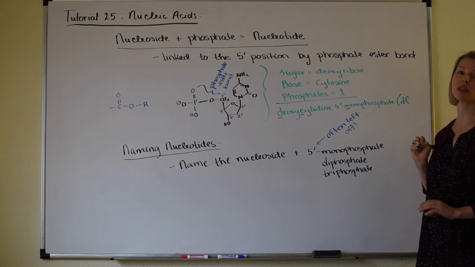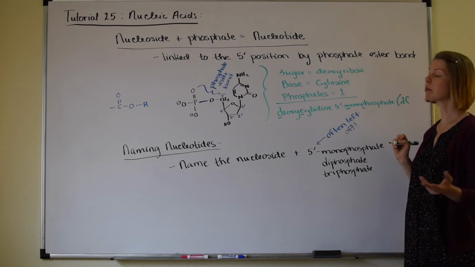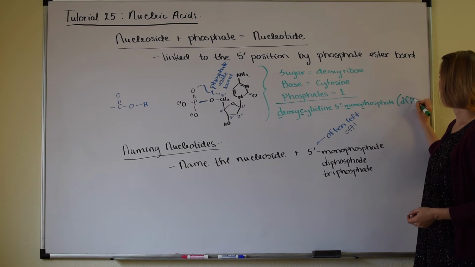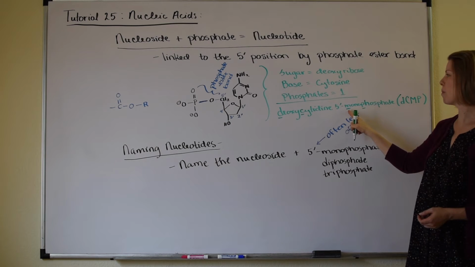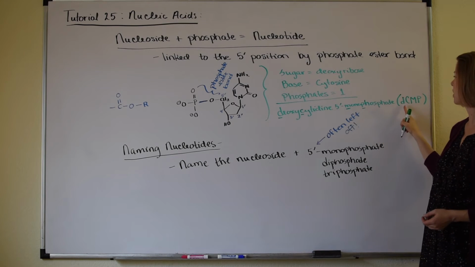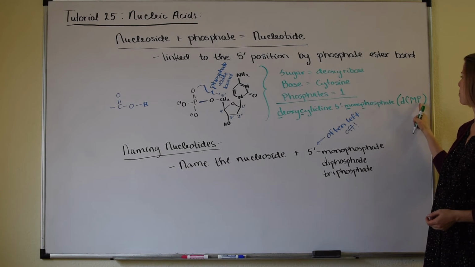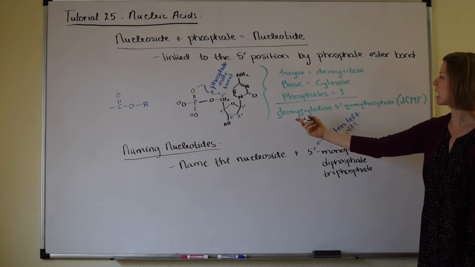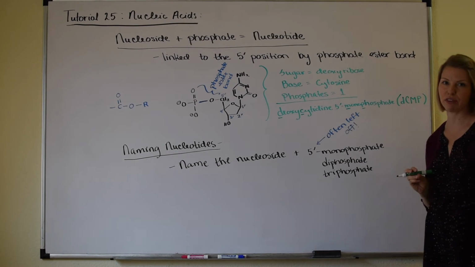So C tells you that the base is cytosine, and MP tells you that there's just mono, just one phosphate. So lowercase d, capital C, MP, dCMP for deoxycytidine 5' monophosphate.